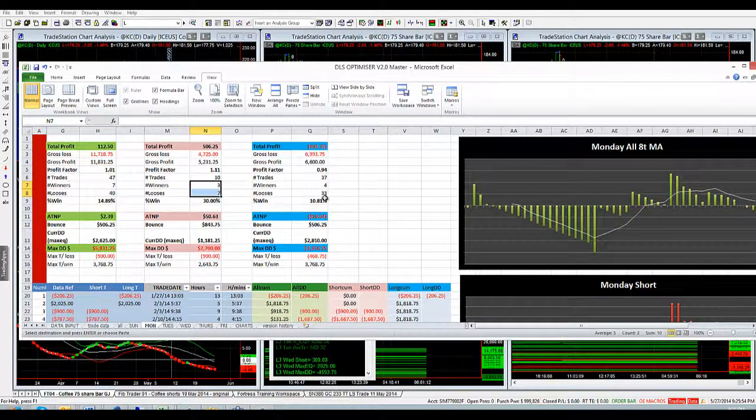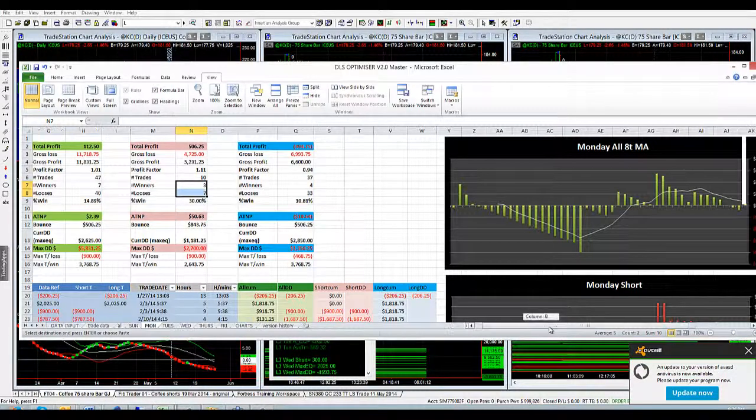You can see there that we've got a total profit of 506 on the short side, and on the long side 393, so a total profit of 112.50. So all trades on the Monday are not really making any money, are they? So really, is Monday a day that you're going to want to be trading at all?